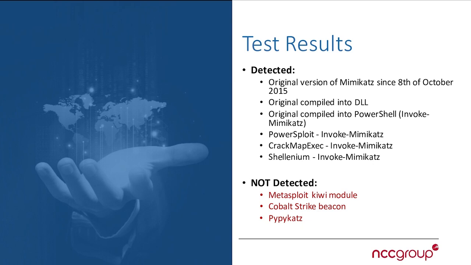Same stuff that if you compile it to a DLL or PowerShell, those can be detected as well. PowerSploit, which is widely used by offensive security professionals, and CAPAC, those can be detected, but the issue is, for us at least, that Metasploit and Bucsay cannot be detected. Neither Mimikatz, but Mimikatz is basically a rewritten, Mimikatz rewritten in Python, so that wasn't really expected anyways. They use the same logic but fully new code. But Metasploit and Bucsay was a hit for us, which is not that great.